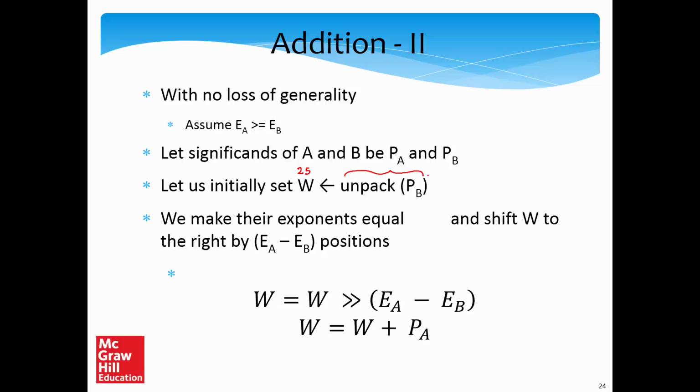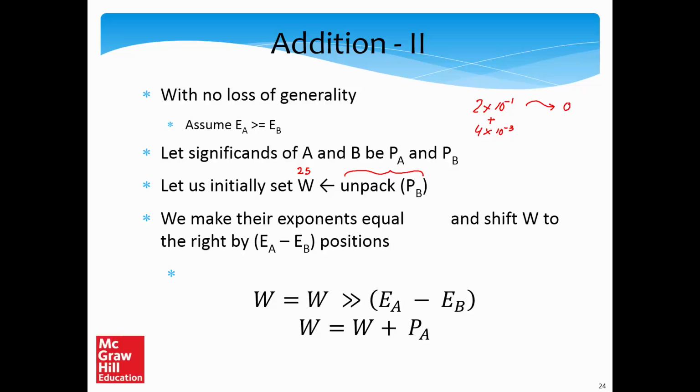But before that, let me motivate you by saying how we would do it in the case of decimal. Let's assume I want to add 2 times 10 to the power minus 1 plus 4 times 10 raised to the power minus 3. I would first, in a sense, unpack it.